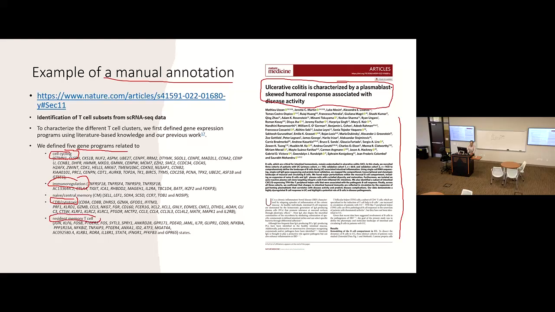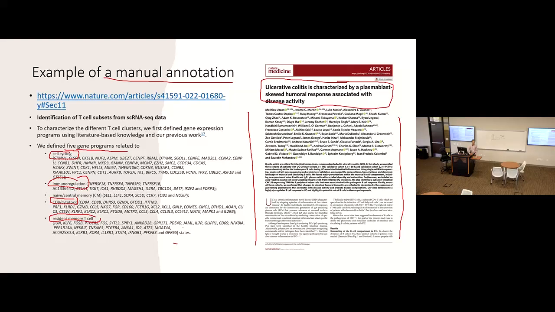For example, resident memory T cells. Remember in the last computer session, I showed how Michael manually annotated his cell types in the clonal sites. He used a lot of these marker genes to look at each cluster and subcluster. A similar procedure has been used in this paper, so I want to bring that up.